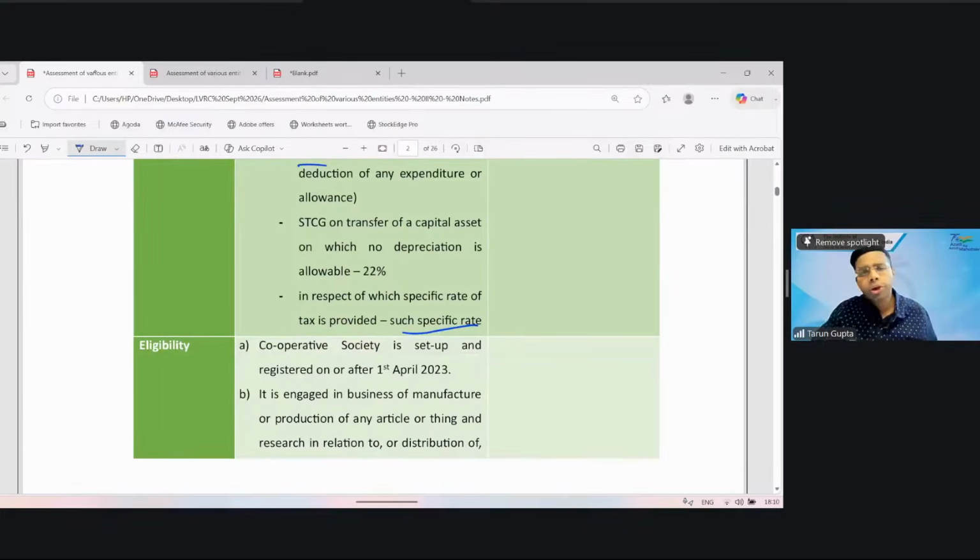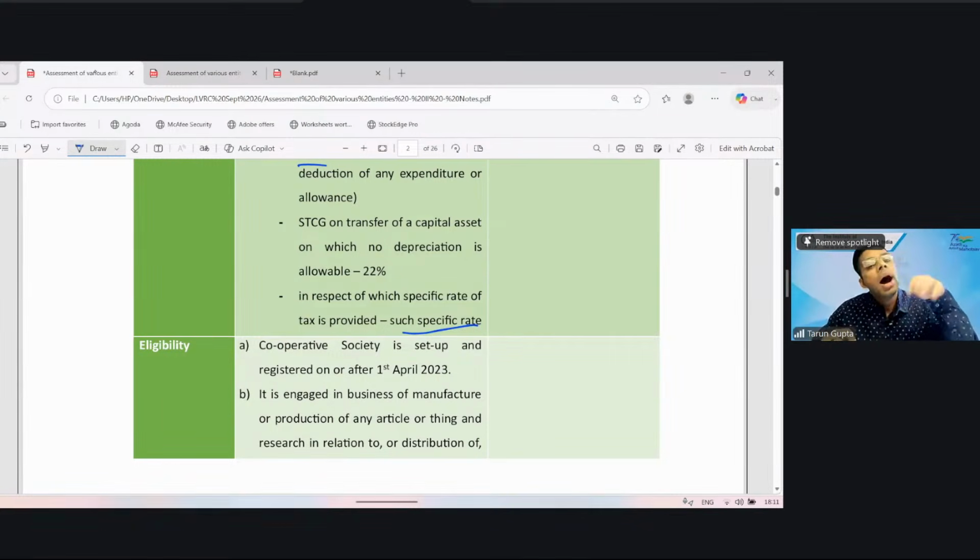Okay, so you understood? First, the concessional tax rate of 15% is applicable only qua income from manufacturing, production of article or thing or generation of electricity. Other than these, if there is any special income which is chargeable to a special rate of tax, such income shall continue to be taxed at such rate.